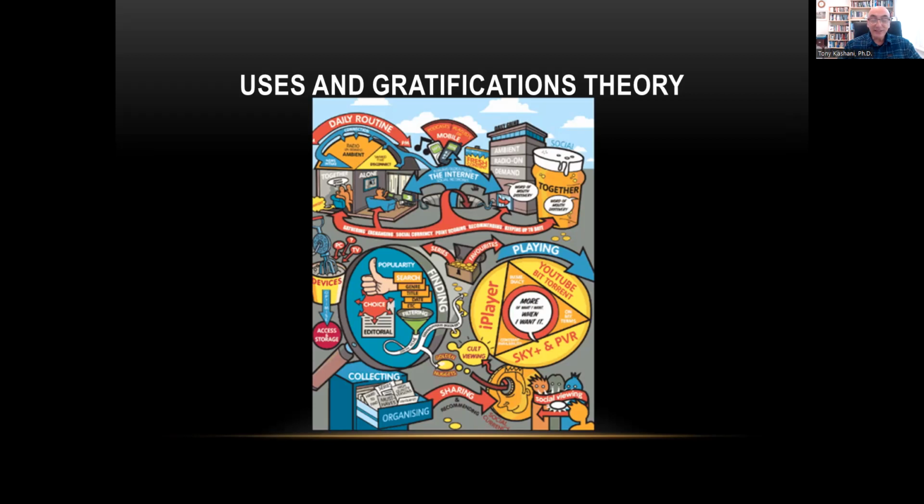Users actively select media content that aligns with their needs and preferences. This decision-making process involves considering available media options, choosing the one that best satisfies a particular need at a given time. Now, what are the categories of gratifications?